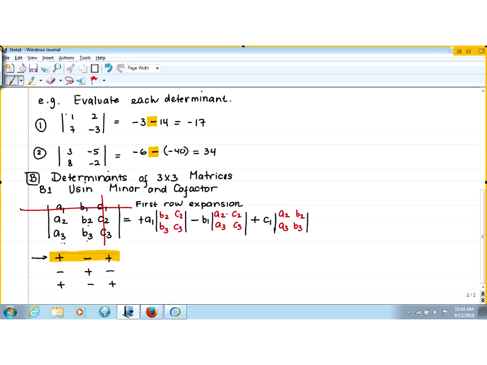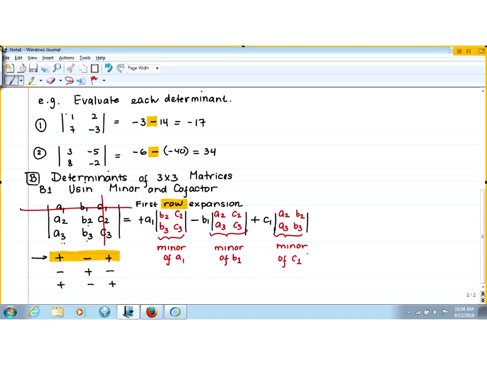Does that make sense? Now this is a determinant. Of course, we could calculate each one of them. This is called first row expansion, and this part is called the minor of A1. This whole thing is called the minor of B1. This is the minor of C1.